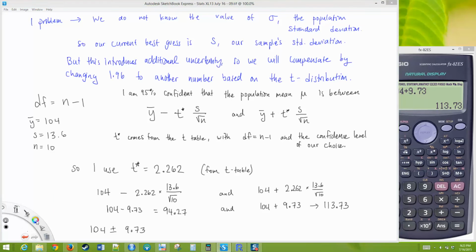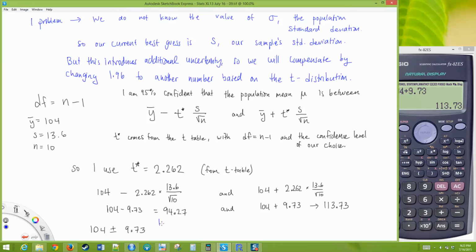Okay, so I'm going to say something like, I am 95% confident that the population mean is between 94.27 and 113.73.